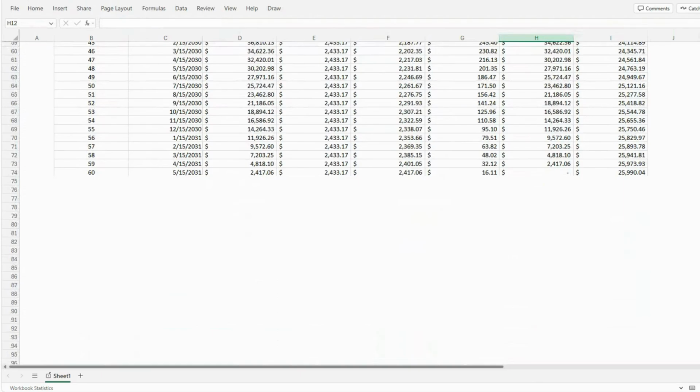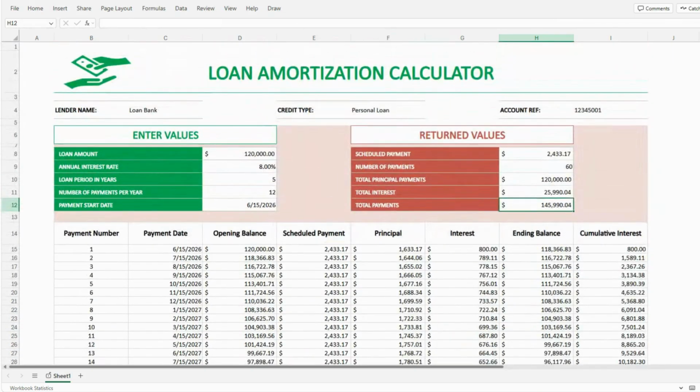So if you're paying, for example, a mortgage over a period of 40 years, and you're making 12 payments per year, it is still going to accommodate that. So here it's reflecting up to 60 months, because that is when this credit agreement is paid up. Okay, so whenever the credit agreement is paid up, it's going to cut off the calculations. You won't see anything below that.